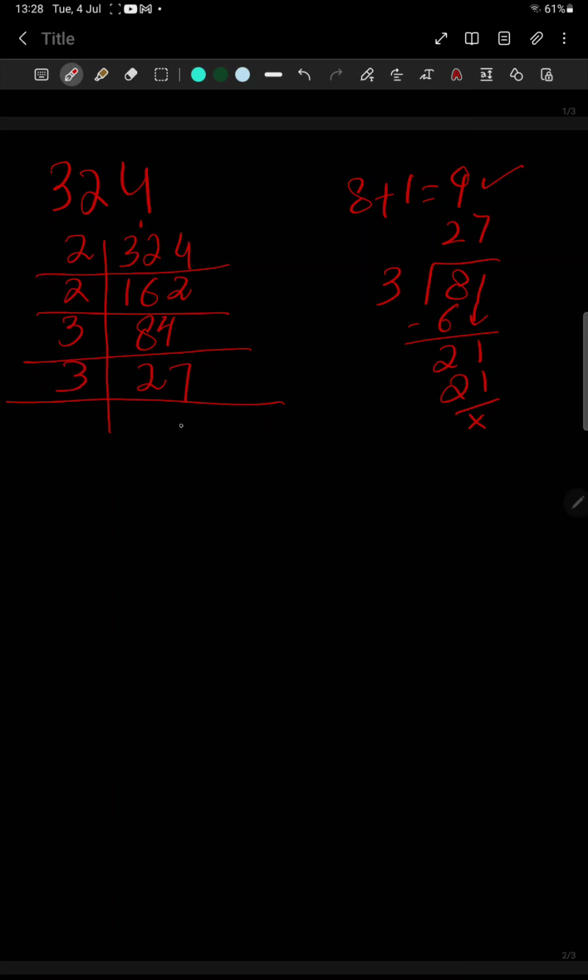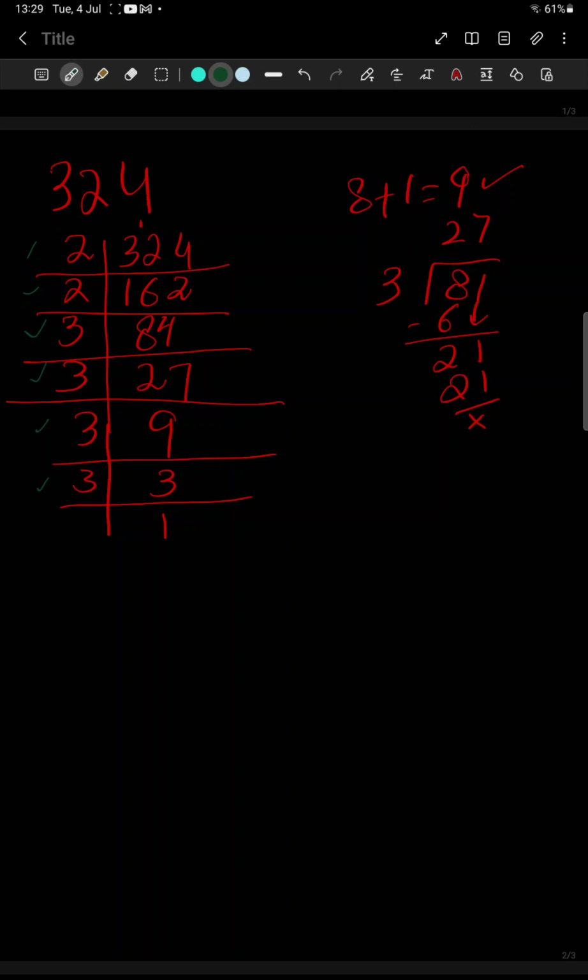Now 3 again, 3 9s are 27, 3 again, 3 3s are 9, and 3 again, 3 1s are 3. Always remember that over here we will use only prime numbers, because we are doing it by the prime factorization method.